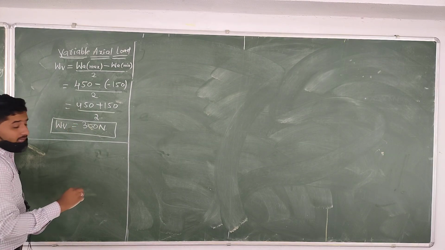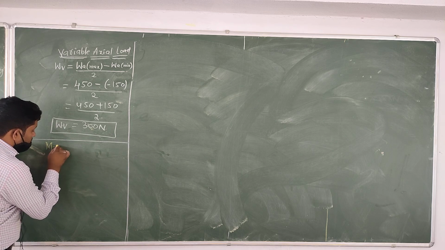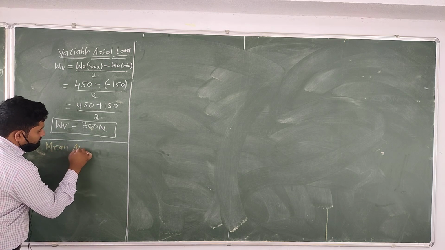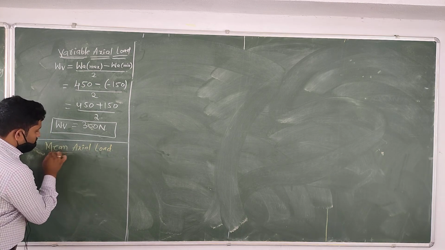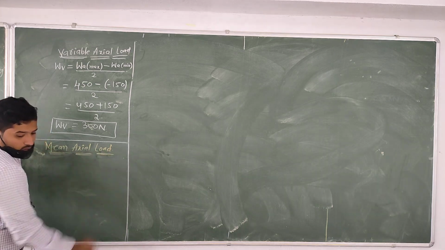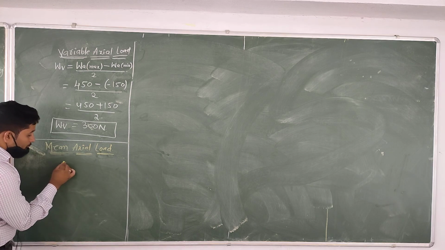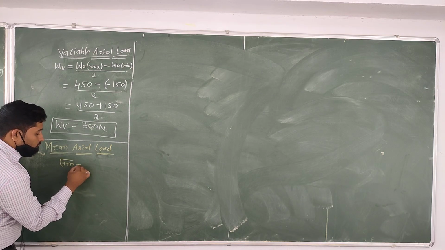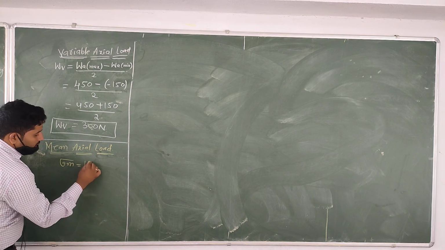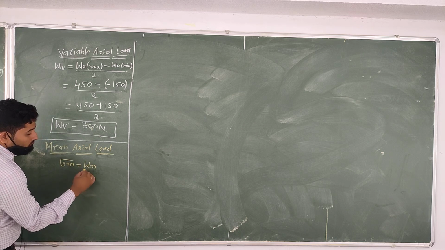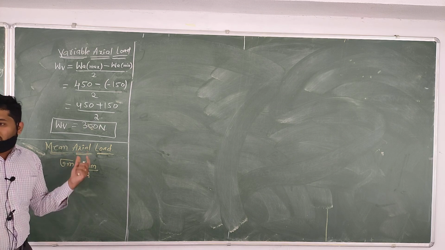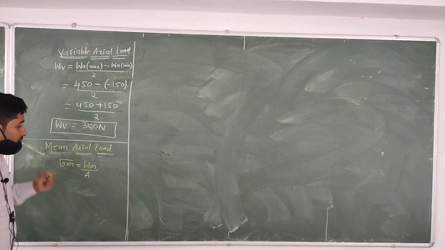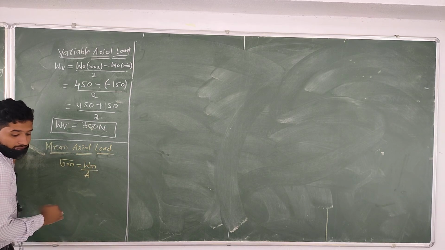For the mean axial load, we have to use the formula sigma m equal to Wm, the mean load, by total area A. Is it right? Because we already solved this in the last problem. Wm by total area A.